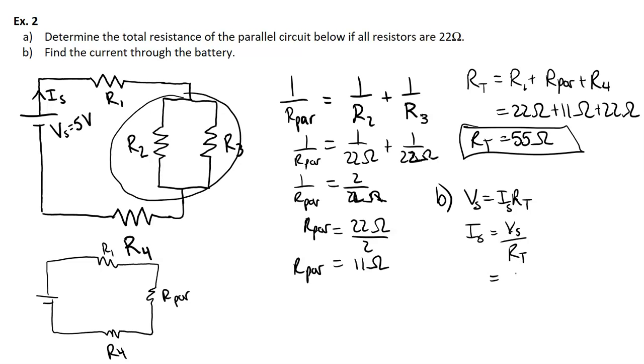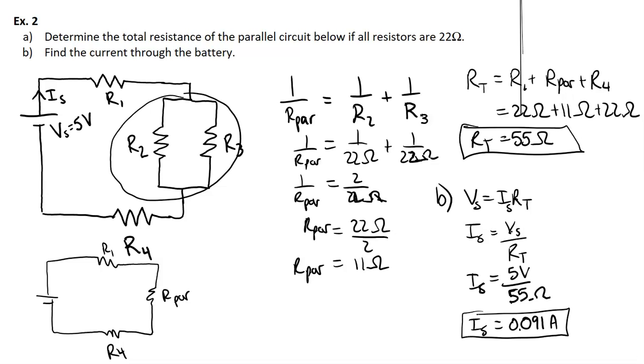The source voltage is 5 volts. The total resistance is 55 ohms. So this simplifies to 1 over 11, which as a decimal we would write as 0.091 to 2 sig digs. So the current is 0.091 amps coming out of the battery.